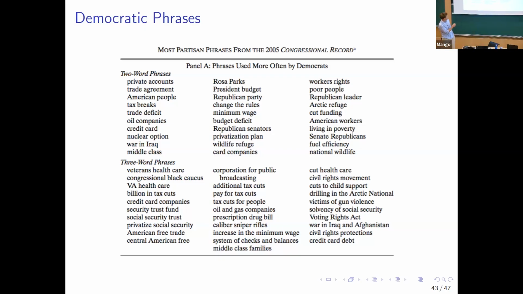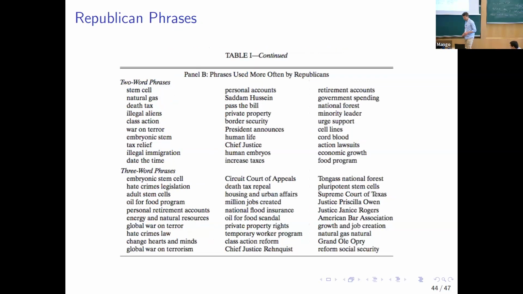But then you can also see that there's, naturally, Rosa Parks was a black lady who I think sat on the white part of the bus in Alabama at some point in the 1960s and became a civil rights hero. And to the extent that more left-wing politicians engage in civil rights, it sort of makes sense that it is there. Right, so when you go to the phrases that are most associated with Republicans, you see this war on terror.